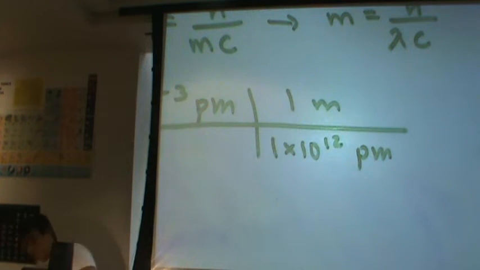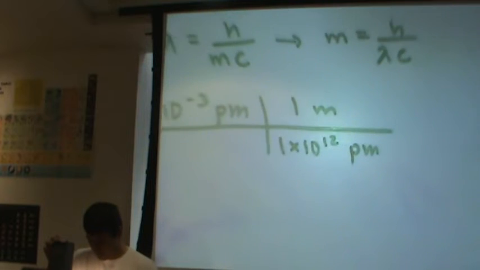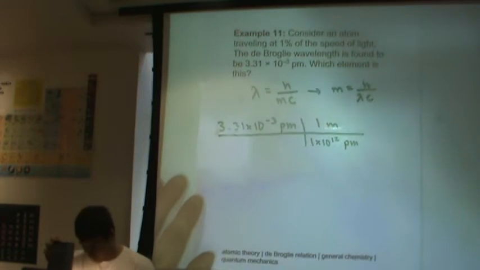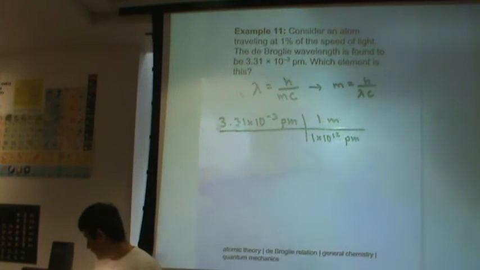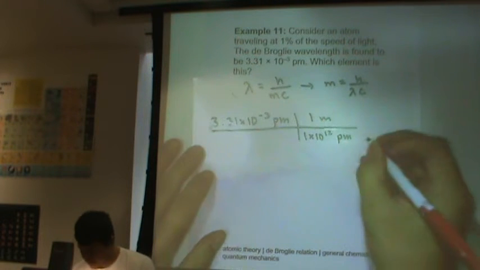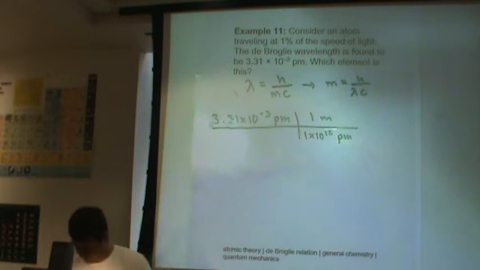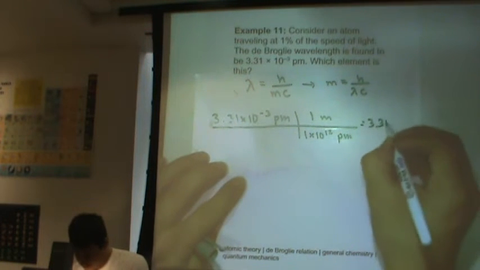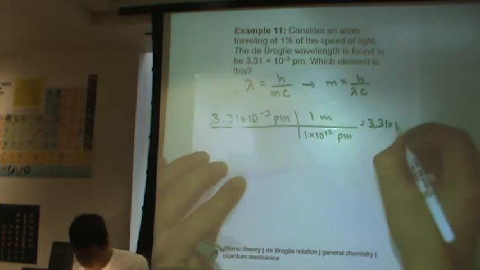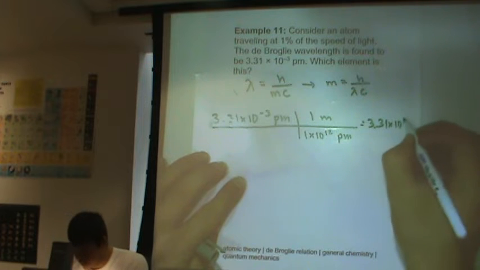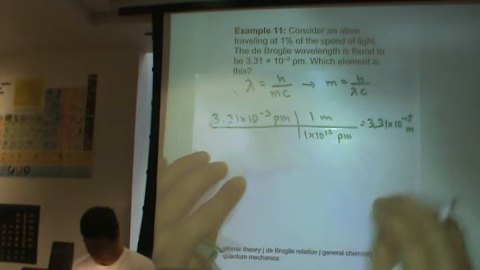So now this gives us a value of 3.31 times 10 to the negative 15th meters.